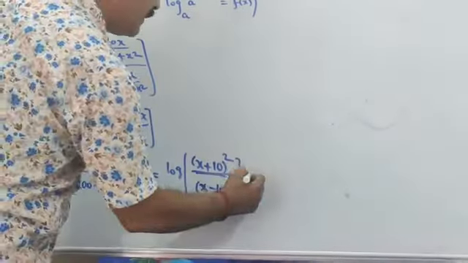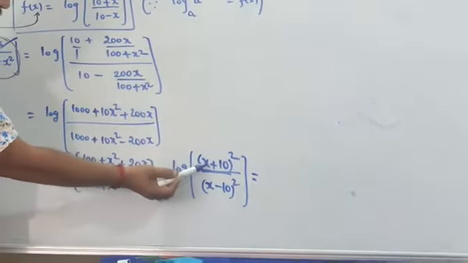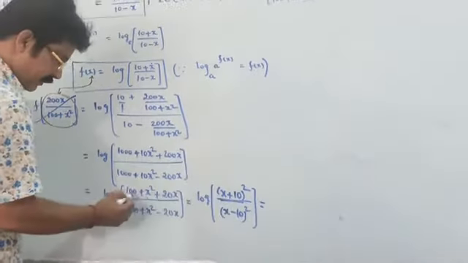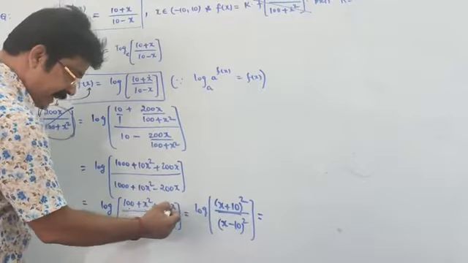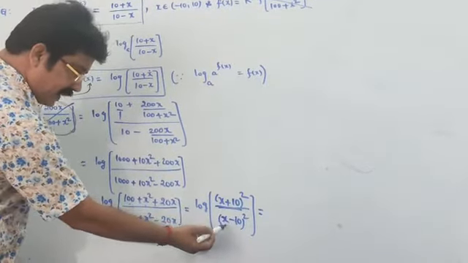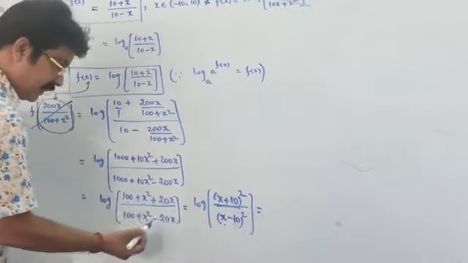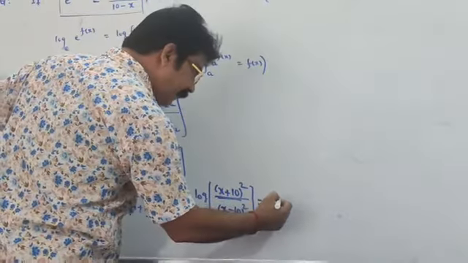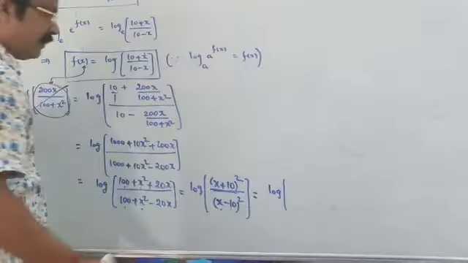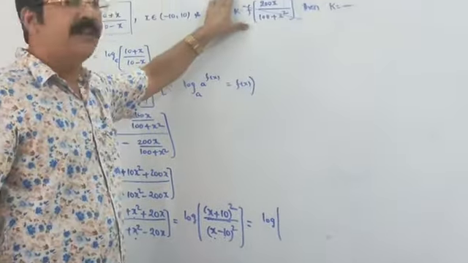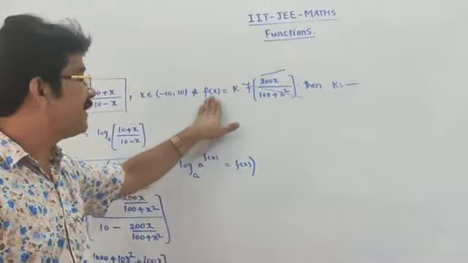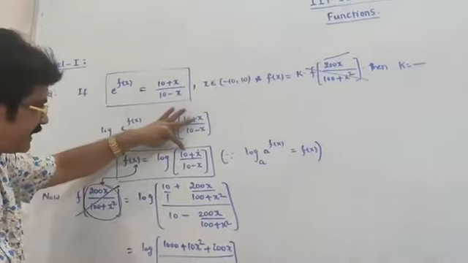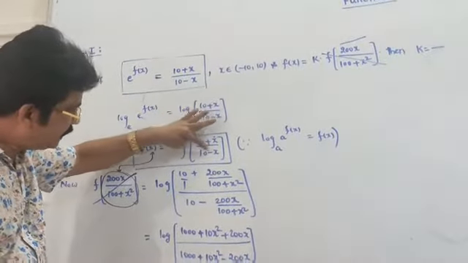So you can verify that a plus b whole square is a square plus b square plus 2ab, here 20x, and a minus b whole square is x square plus b square, meaning 100, minus 2ab. Now in the given question it is expressed again in terms of f of x, which is expressed as 10 plus x over 10 minus x.